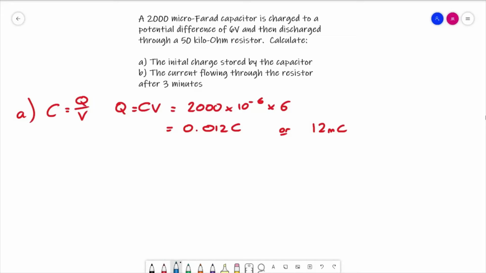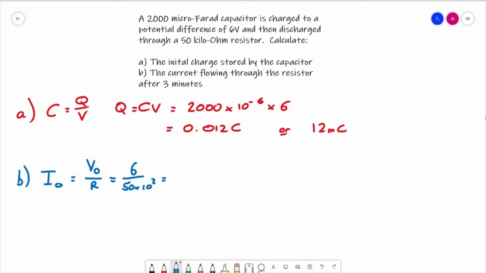For B then, we need to do a couple of different things here. First thing we need to do is calculate the initial current. Well, the initial current using Ohm's law, so remember that V equals IR, we can therefore say that I naught is V naught over R, which is 6 over 50 kilo ohms, so 50 times 10 to the 3.